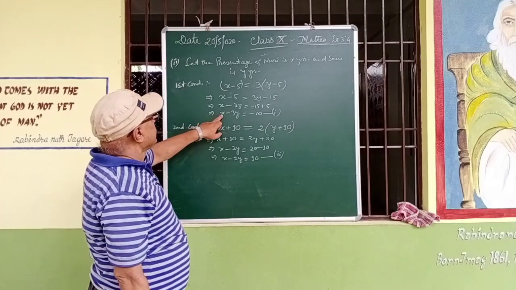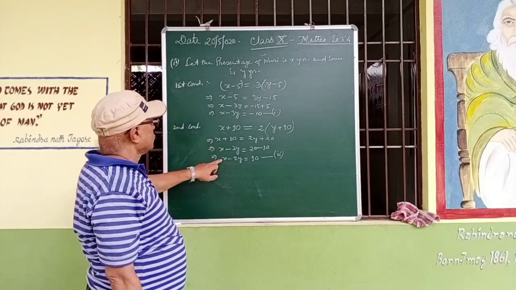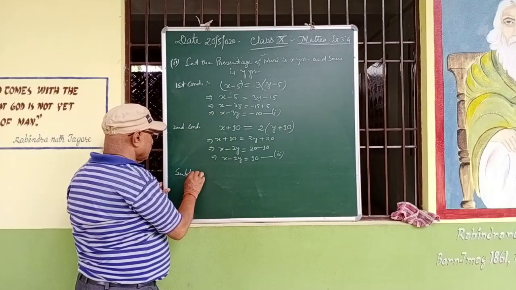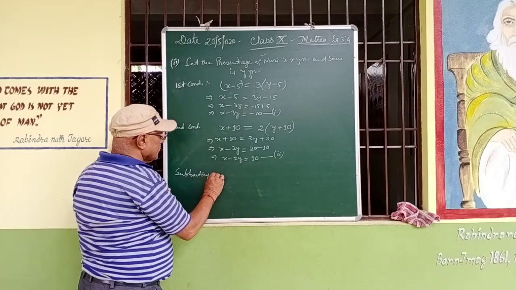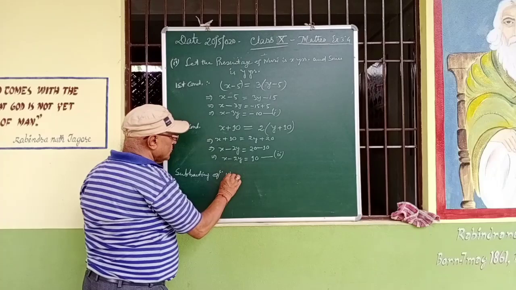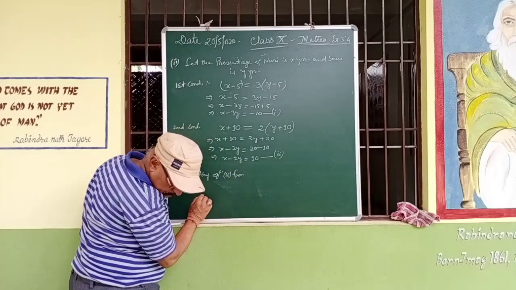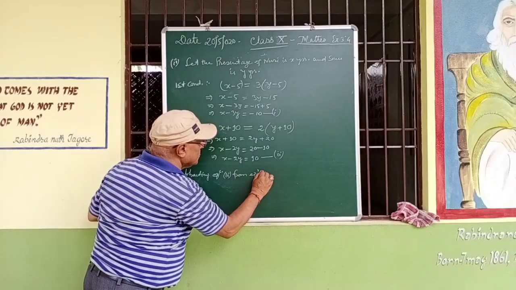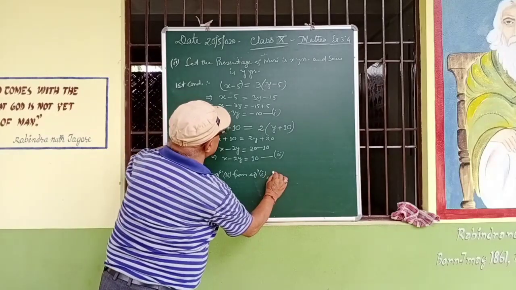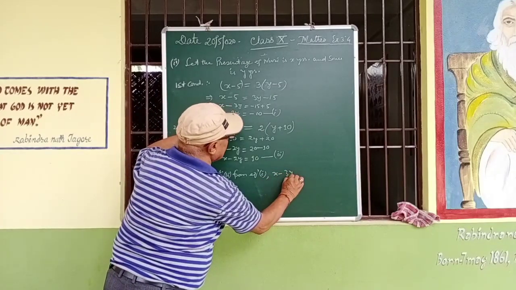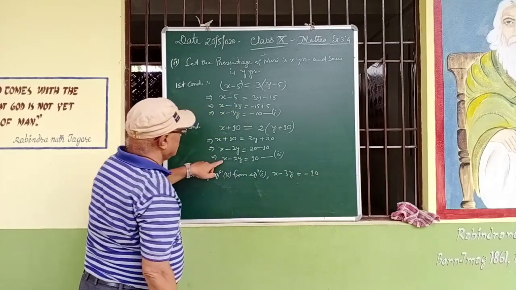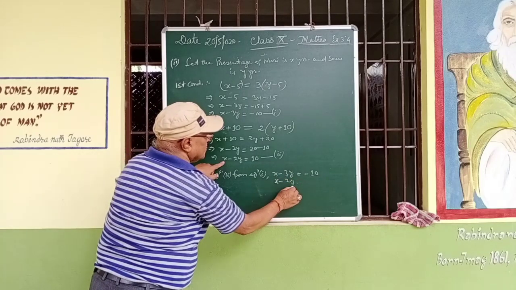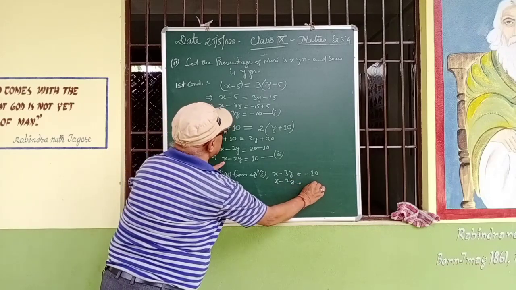Here also the coefficient of x is 1, here also 1, so we just subtract it, subtracting equation 2 from equation 1. x minus 3y is equal to minus 10, and x minus 2y is equal to 10.